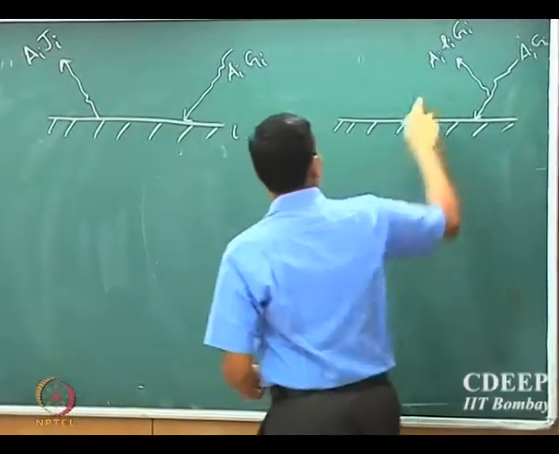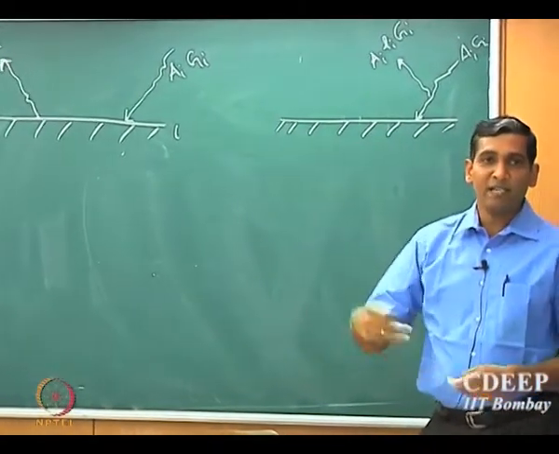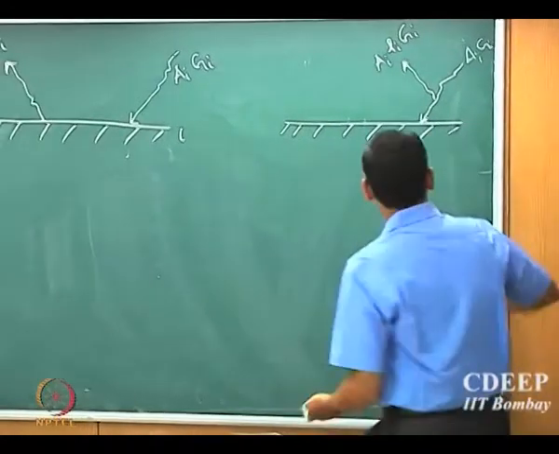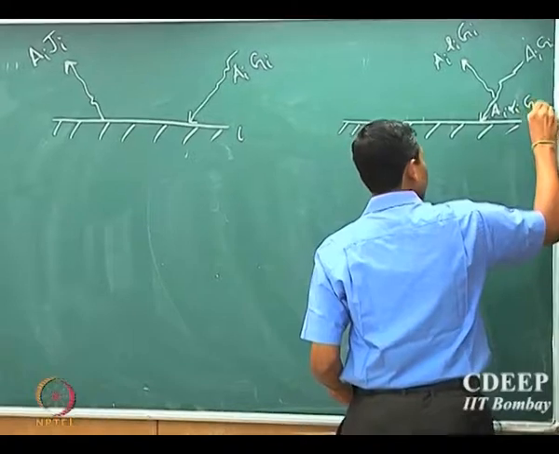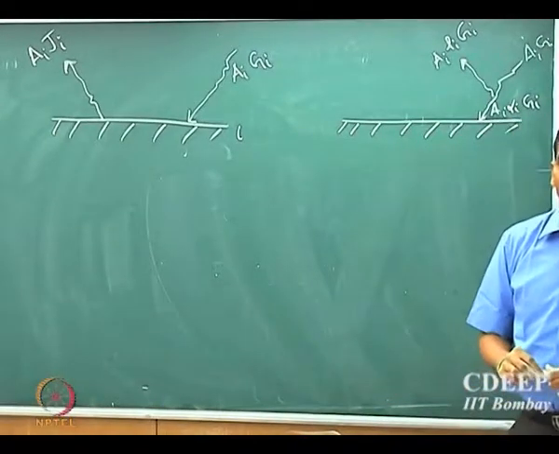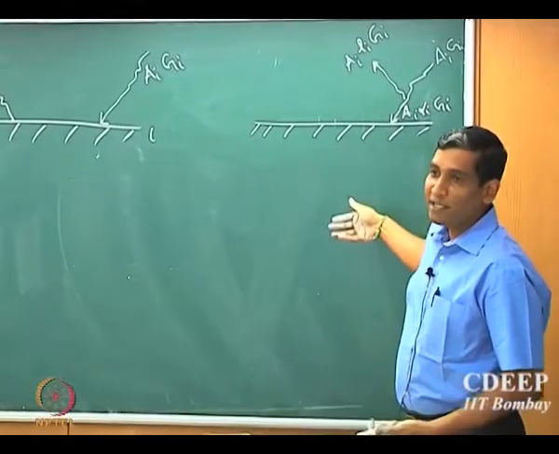And what is absorbed is AI alpha I GI, the fraction absorbed by that surface.